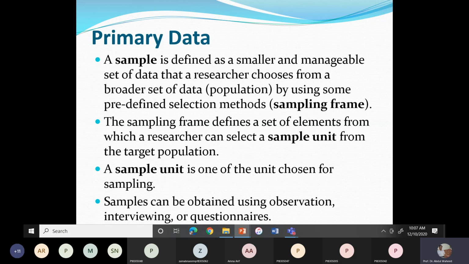But if you want to get a sample, then you have to predefine the selection methods, which is called a sampling frame. So a sampling frame defines a set of elements from which the researcher can select a sample unit from the target population, and the sample unit is one of the units chosen for sampling, and samples can be obtained using observations, interviewing, or questionnaire.